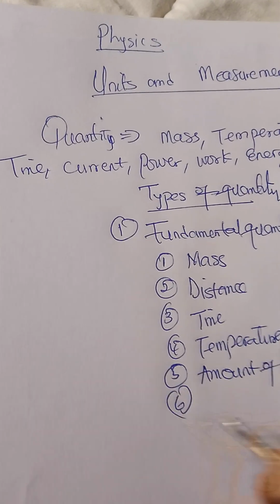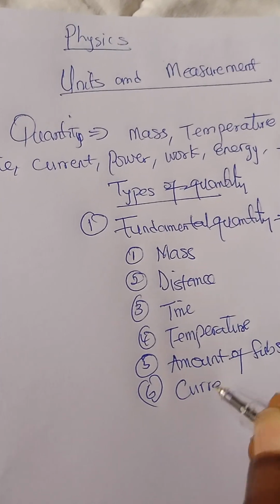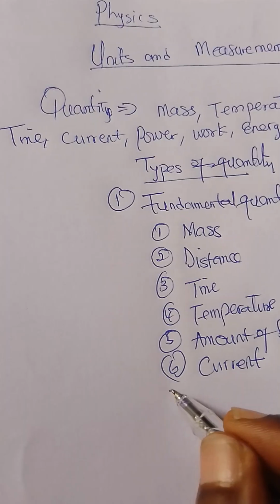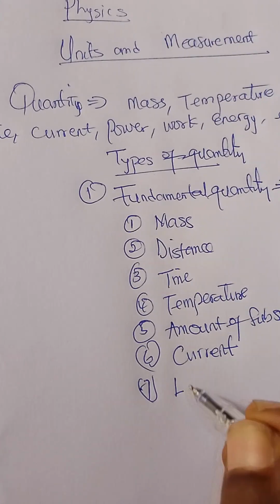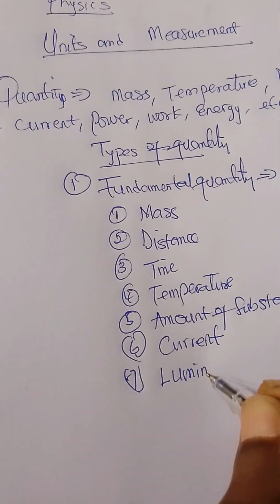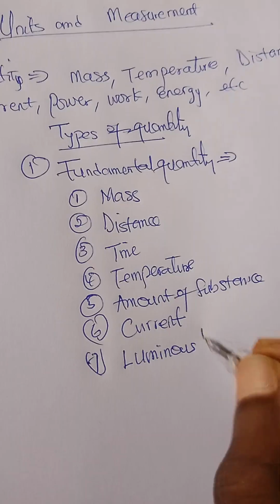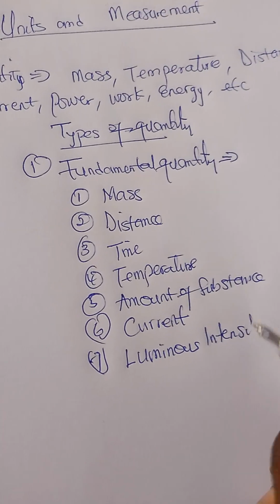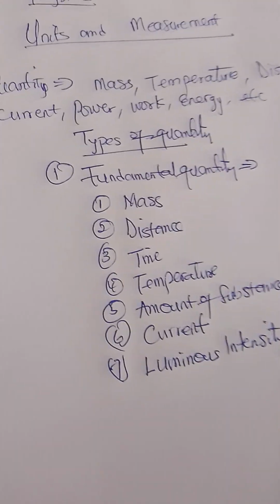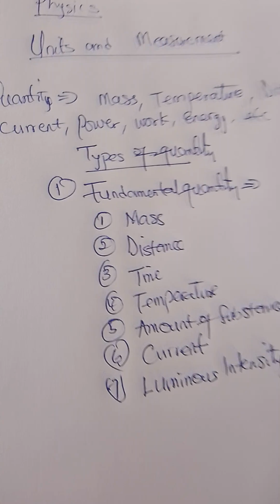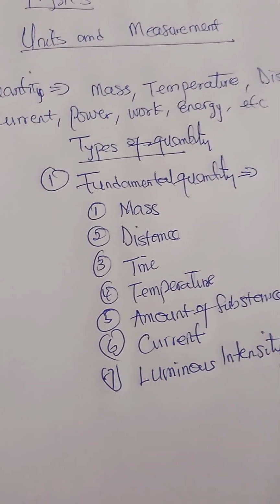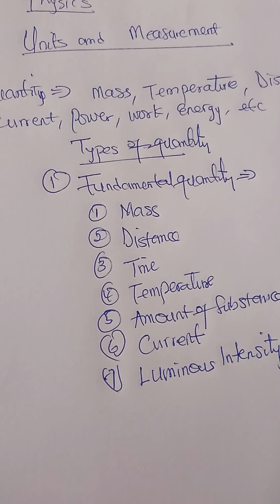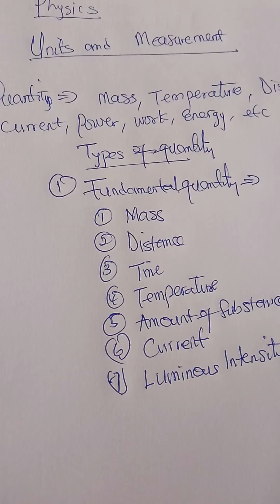We have current, or you say electric current. Then we have luminous intensity. So these are the 7 fundamental quantities. Any of the quantities you don't see here is regarded as a derived quantity.